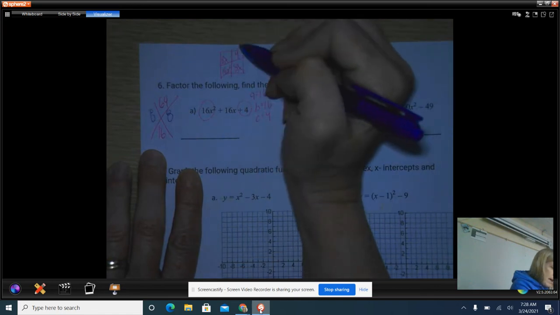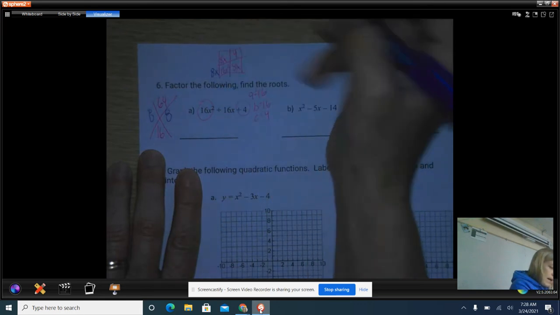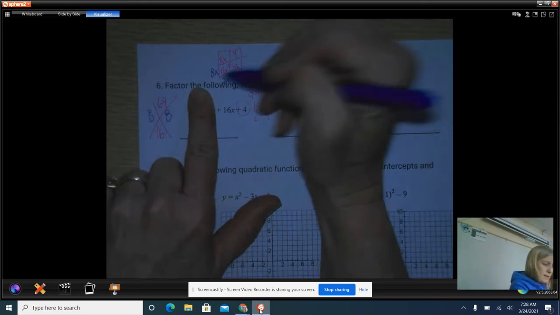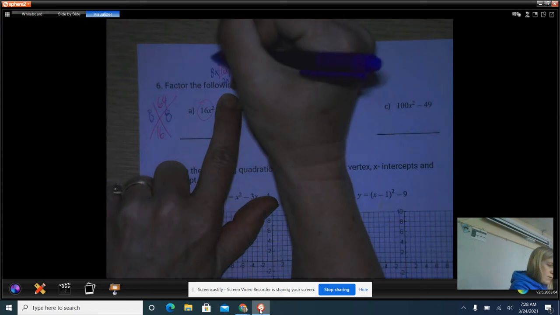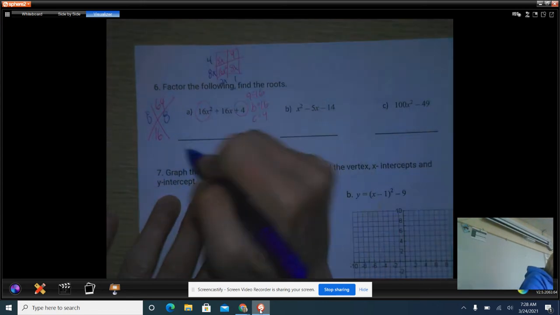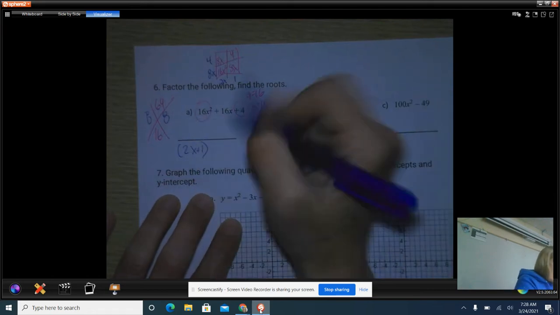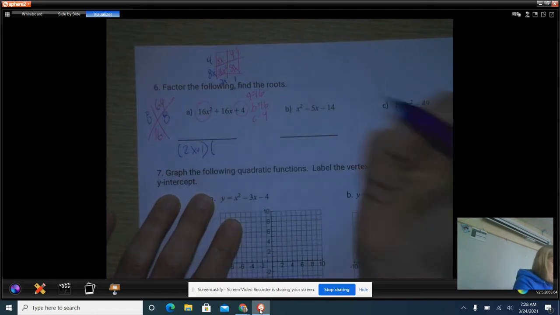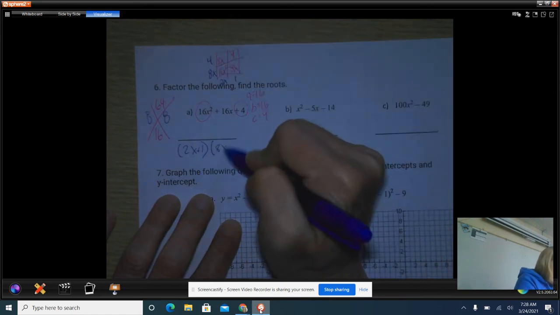I can go ahead and take my 8x this way, and 8x times 2x is going to get 16x squared. To keep my 8x the same, it's going to be here, and then 2x times 4 is 8x. So I have for this first one 2x plus 1, and it could be a little different for yours, but your final roots are going to be the same, and that's going to be 8x plus 4.